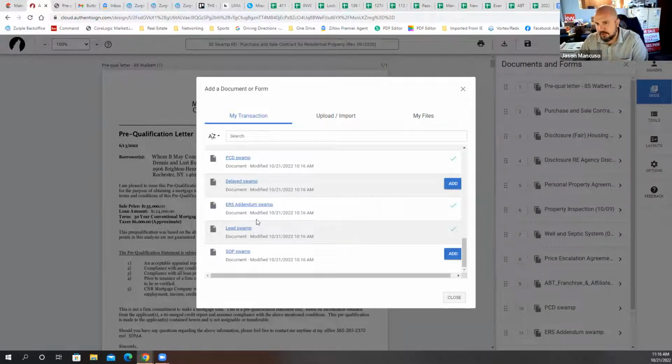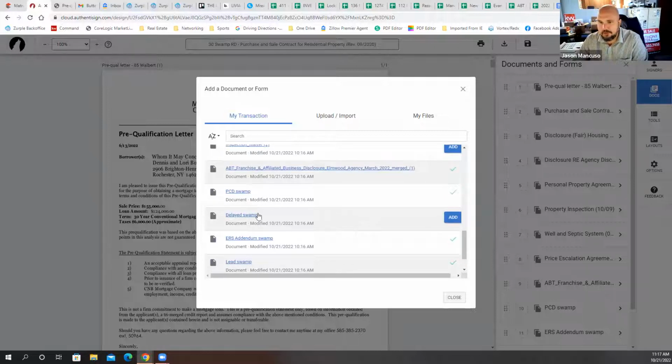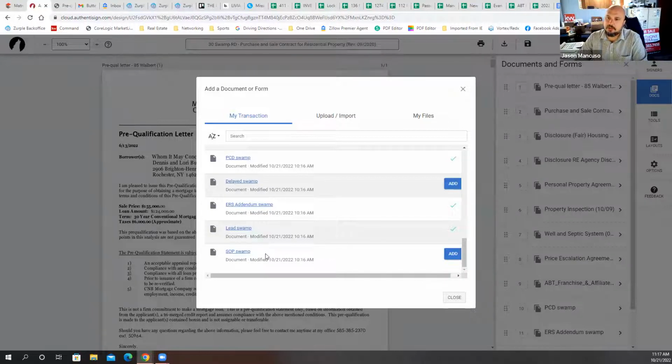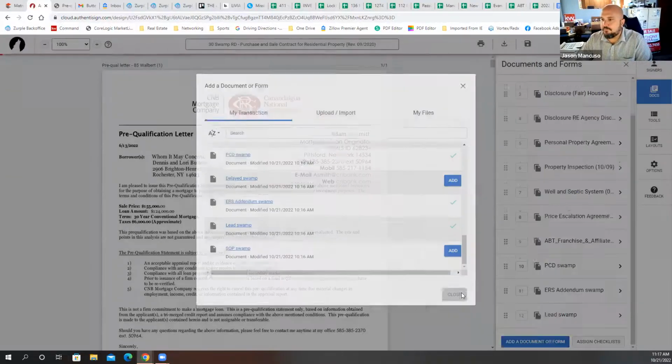That's a listing thing. We don't need to have the delayed negotiations. That's a listing thing. But these pop up here because they're attached to the listing attachments. So everything that's in the listing attachments is available in this section, just to make it nice and easy. We have everything that we need in order to get this signed now.